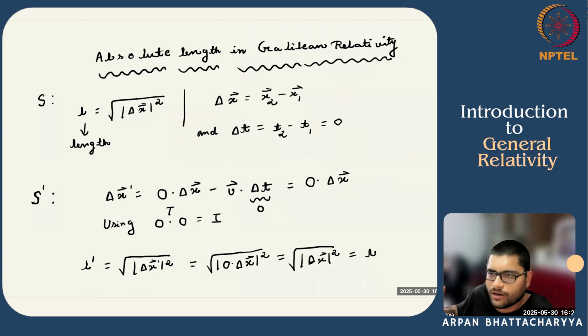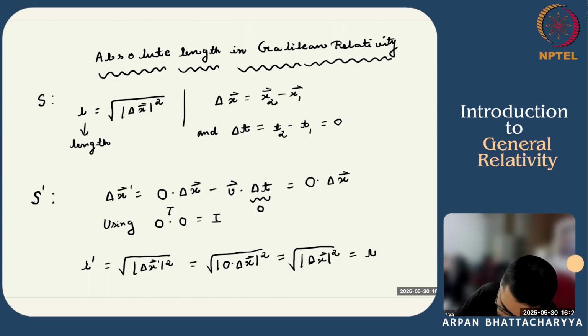Now, we have found the most general transformation rule, and let's try to prove the absolute length in Galilean relativity, in other words, that the length interval remains invariant under this transformation. Okay.